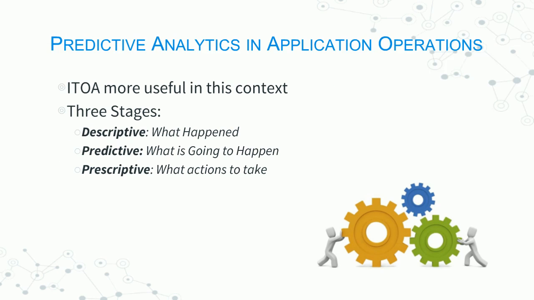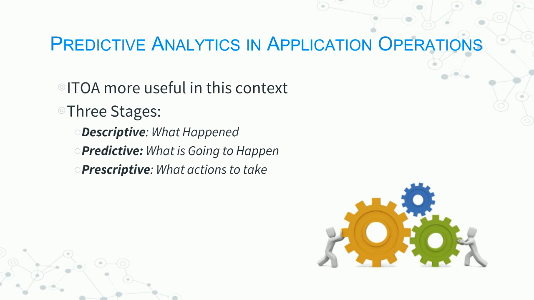However, we're going to look now at predictive analytics in application operation, which is the meat of the matter. And we're going to be looking at it from the IT operations analytics perspective.